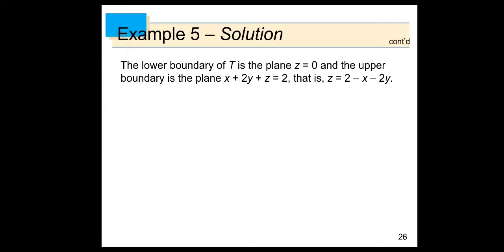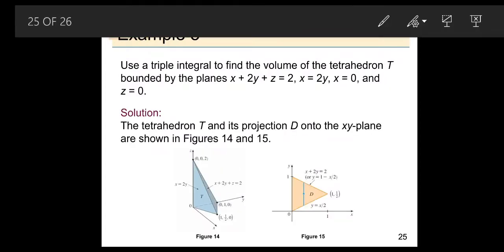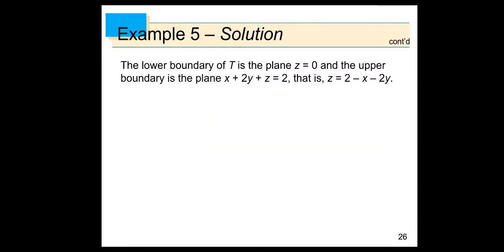So after getting all these values, we will see that the lower boundary of T is the plane z equals 0, and the upper boundary is x plus 2y plus z equals 2, that is, z equals 2 minus x minus 2y, right?